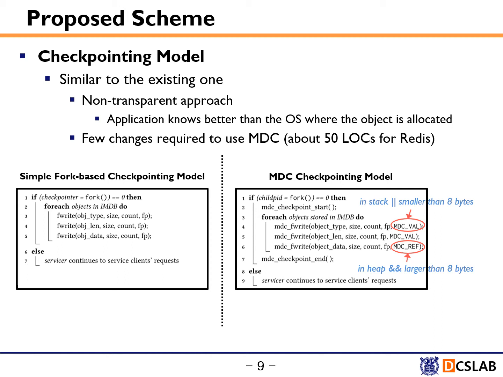We chose this non-transparent approach because the application knows better than the OS where the object is allocated. However, even with the non-transparent approach, applying MDC to an existing application requires only a few changes. For example, only 50 lines of code are required for Redis to use MDC.